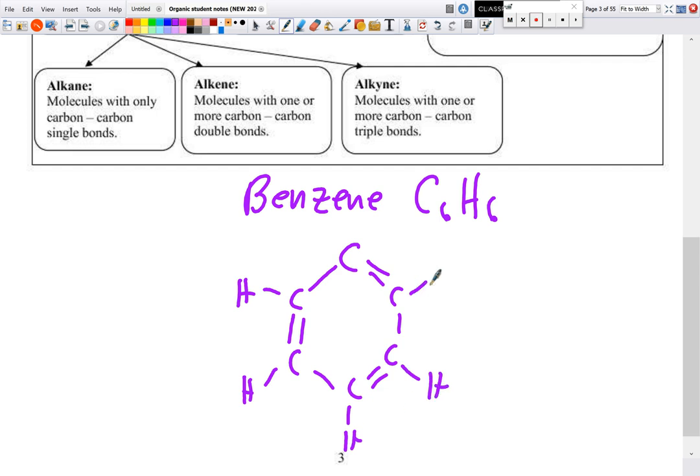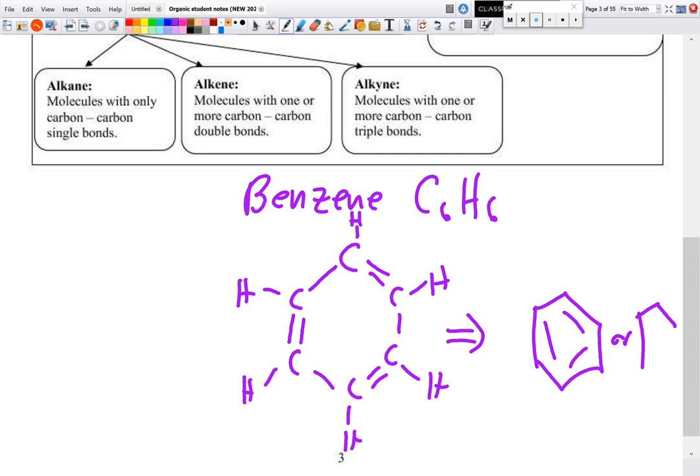So you can tell that every second bond within this 6-carbon ring is a double bond. Now, you may see it written like this, or like this. Sorry, getting a little tight on space here, or like this. So there's three main ways to write benzene, but if you see any of these representations inside of a larger molecule, we have what is called an aromatic.